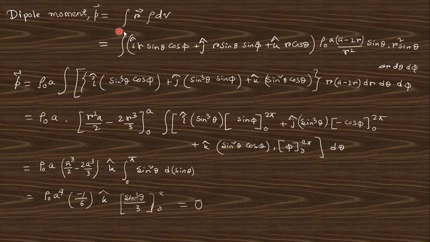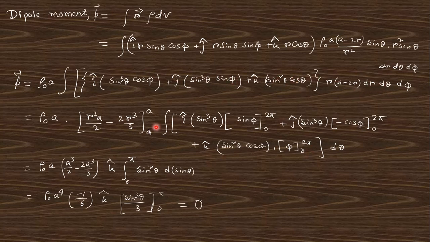And the dipole term, this was the dipole term, r vector. So r vector in the spherical polar coordinate system, ρ is this and dv is this. Okay, here you can see that take i cap into this, j cap into this, k cap into actually sin²θ multiplied here, and this is the r term and this is φ. So for φ, we need to integrate φ.